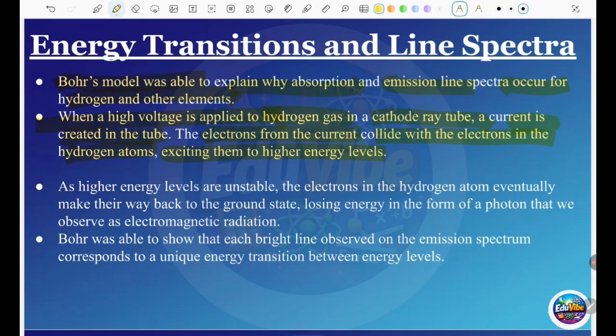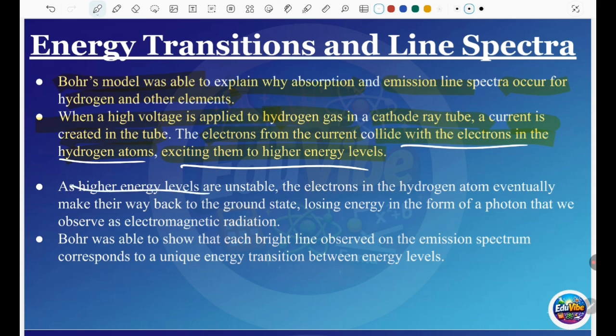First they have a stationary state. When the current carries electrons, they collide with the hydrogen atoms' electrons and excite them from lower to higher states. These changes between states are called energy transitions.